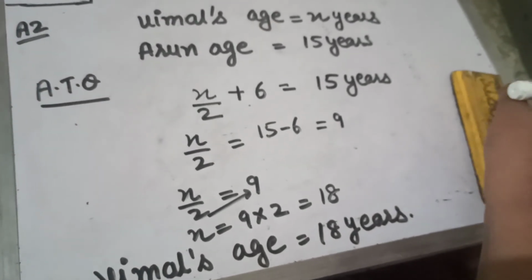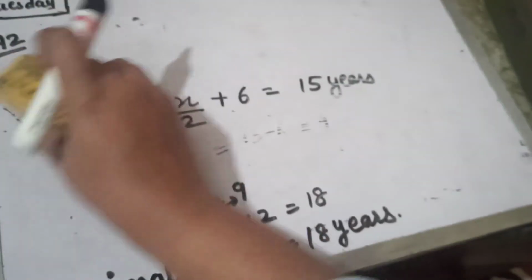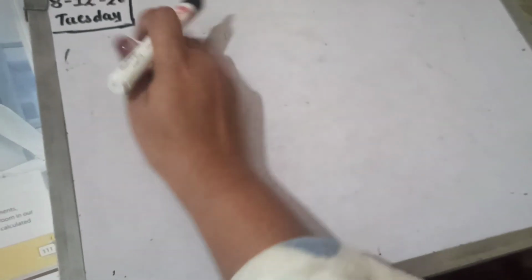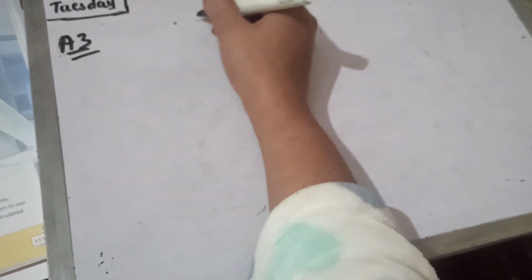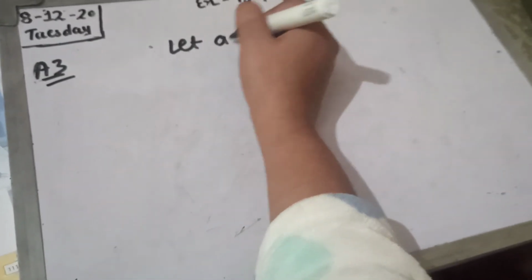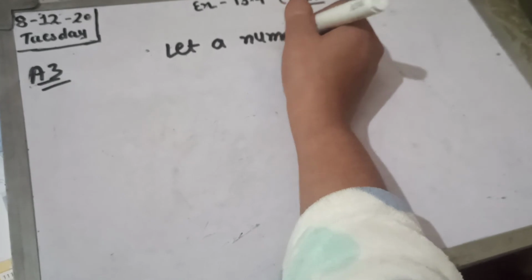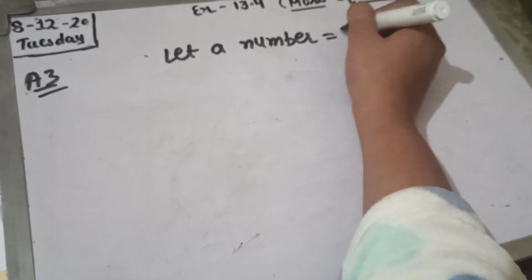After that, the next A3, that is the sum of 3 times of a number and 11. So first let a number equals to x.